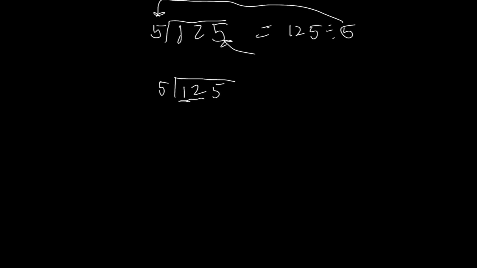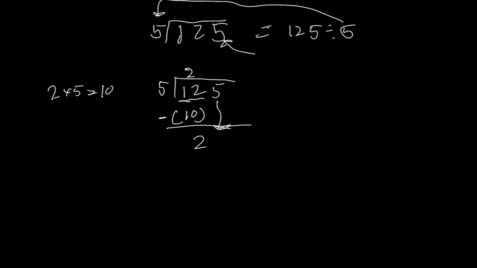I can divide 12 by 5, and that is 2 times 5 equals 10. So I can write a 2 up here, and then you do a negative out here and put the number you're using. So I get 2 times 5 equals 10. So I do 12 minus 10 now, which is going to be 2.